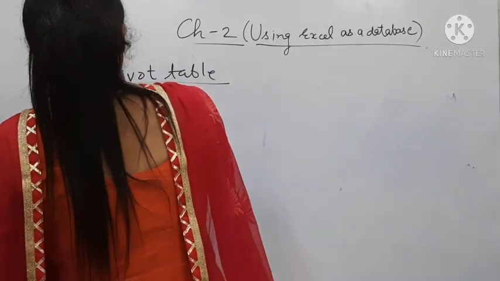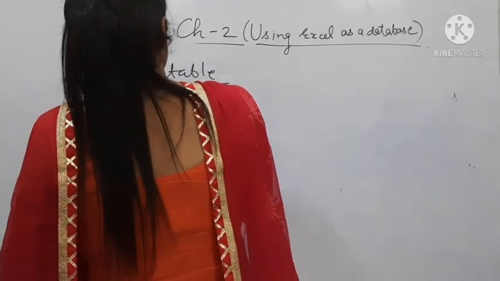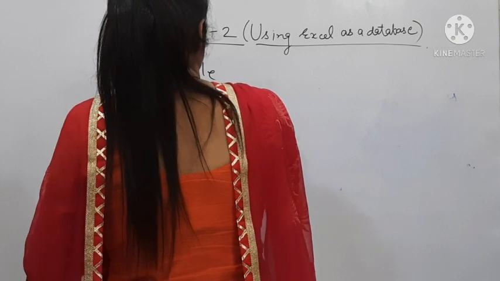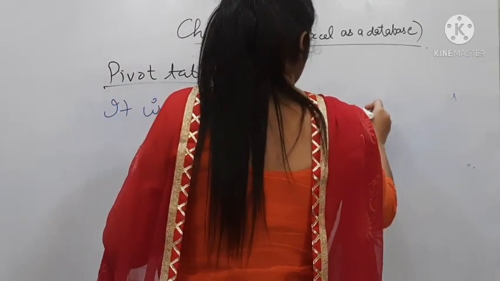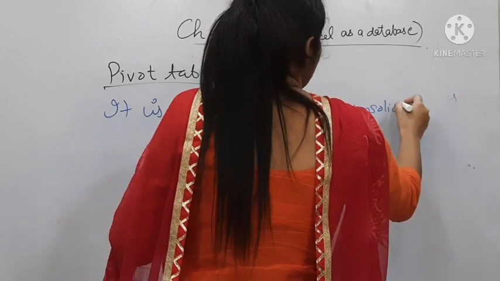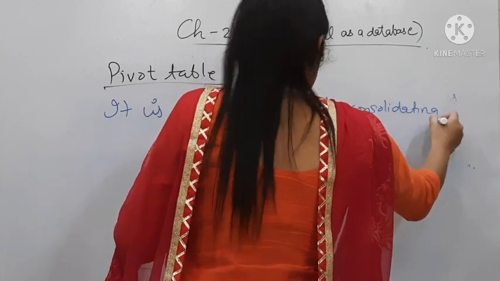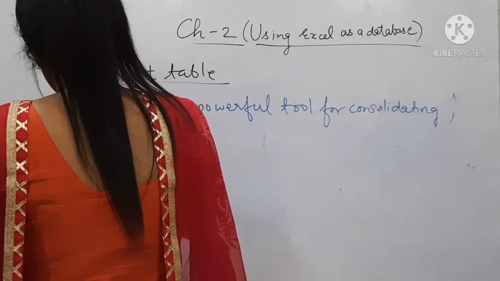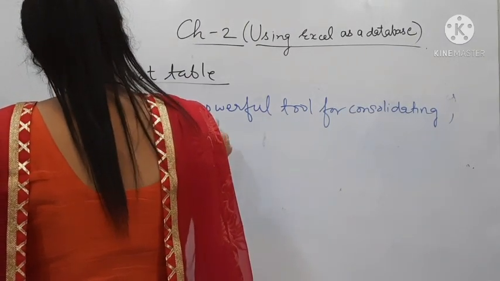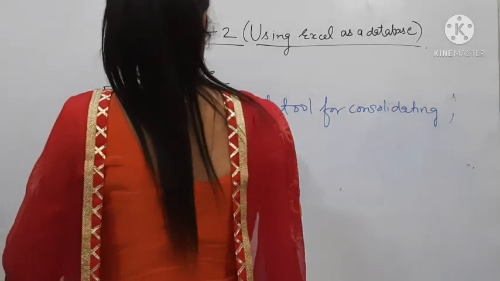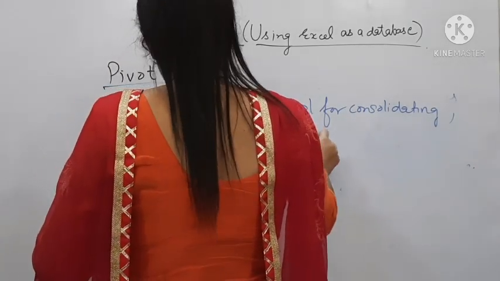Okay, so first I am writing what is pivot table. So it is a powerful tool for consolidating. Consolidating means होता है complete data. Okay, consolidating, summarizing and presenting the data.